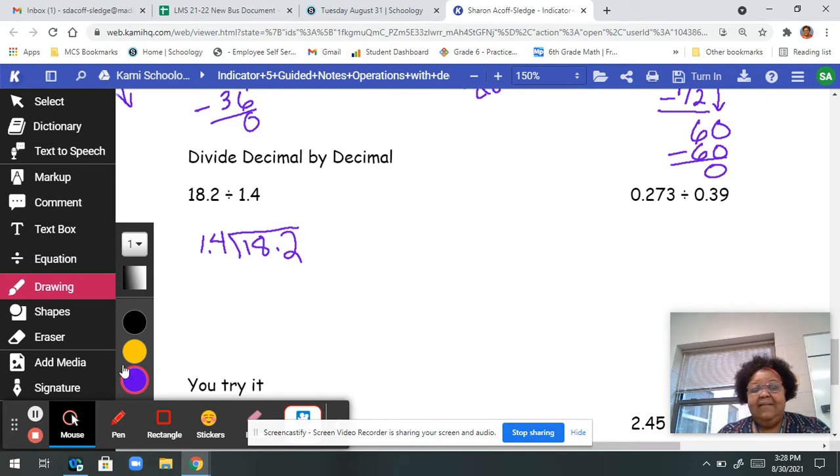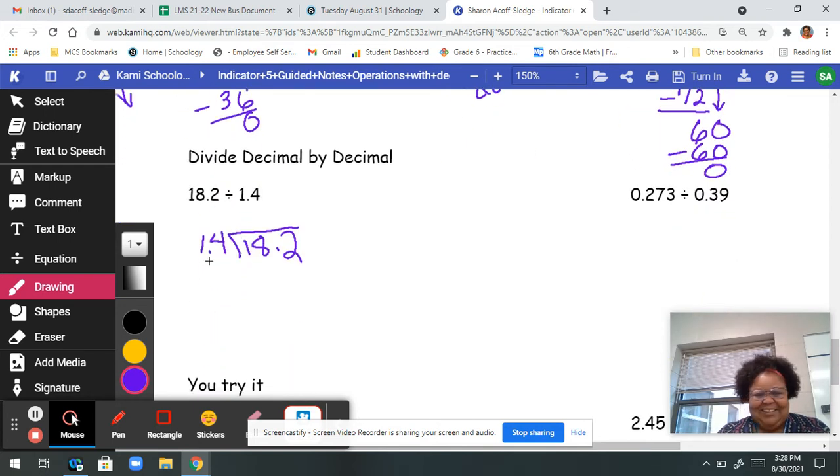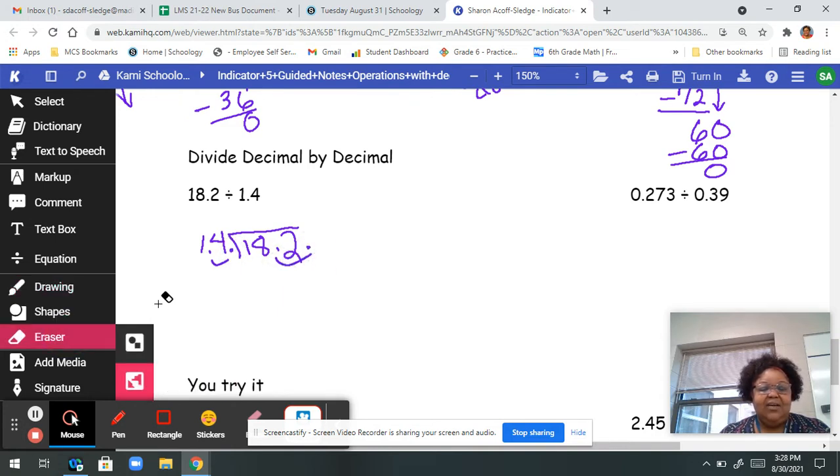But this number, the divisor, needs to be a whole number. So I need to bring this decimal over one to the right. But if I do it there, I also have to do it here. And let me show you a little trick. Go ahead and erase it so you won't get mixed up, okay?